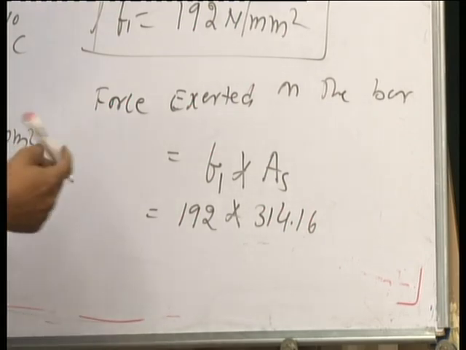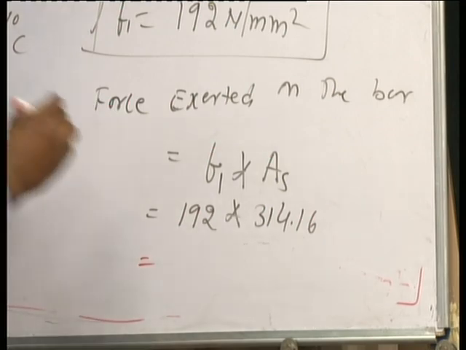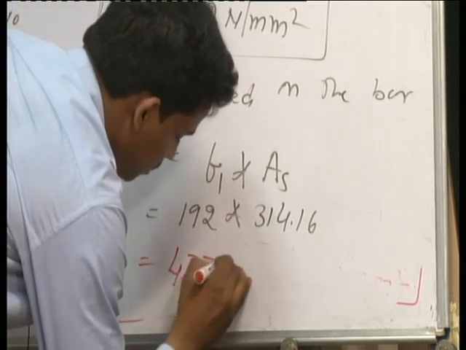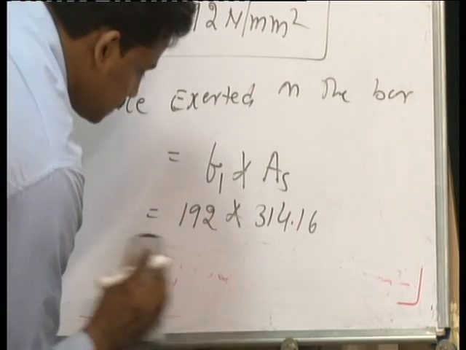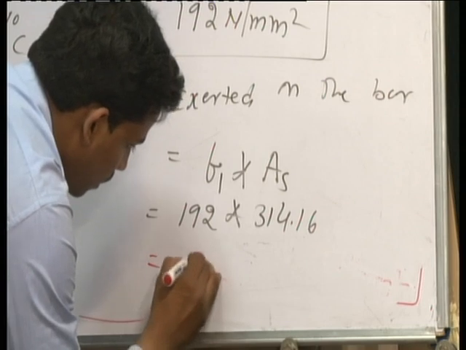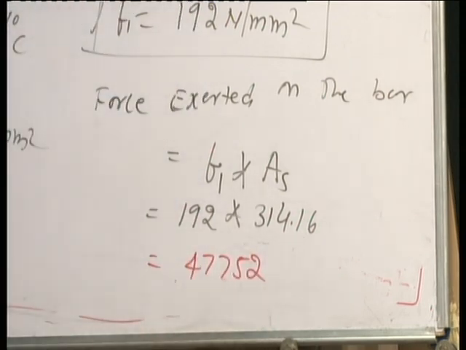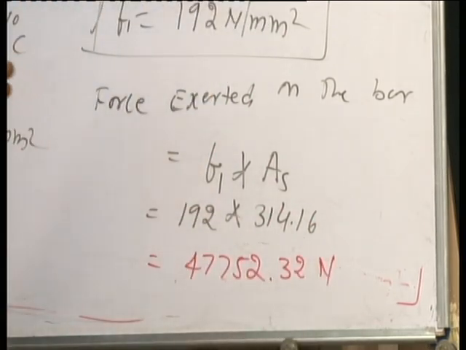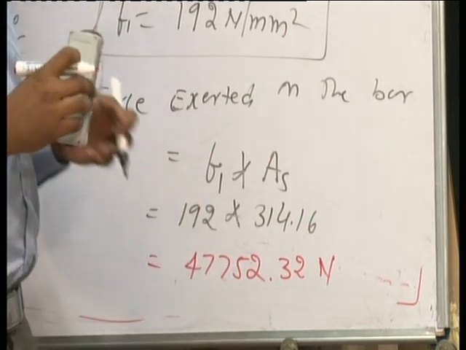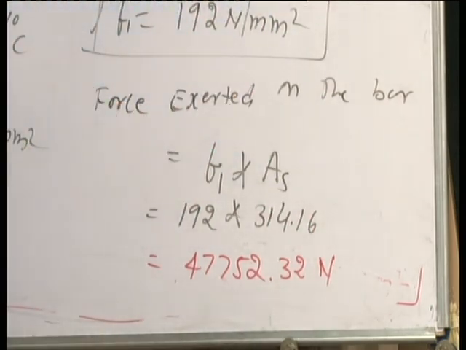So we will get the force exerted as 47752.32 Newton. This is the force exerted on the bar, and a condition is given: grips do not yield. That's very important.